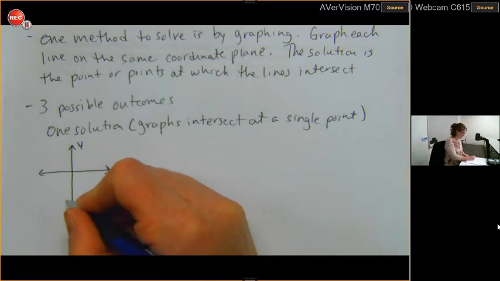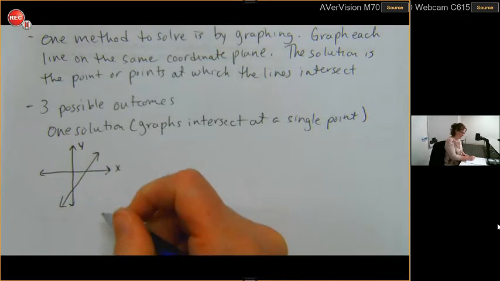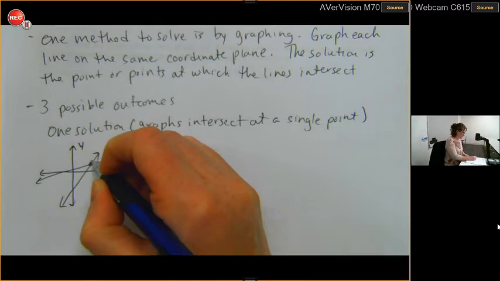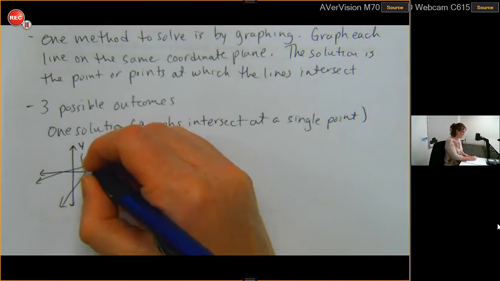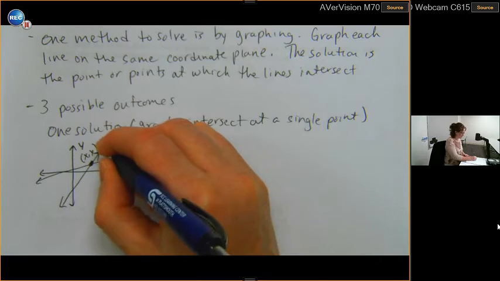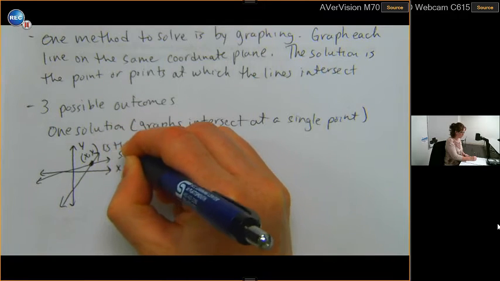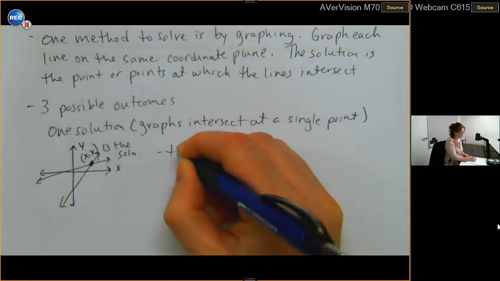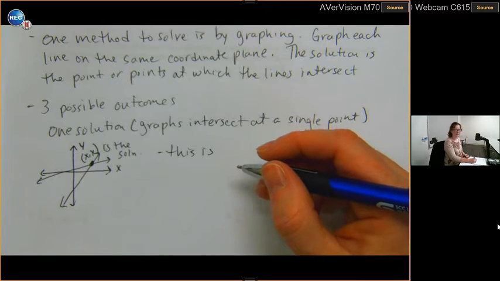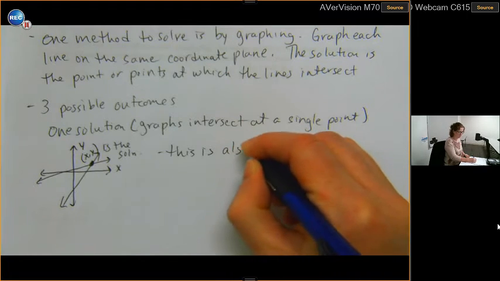You would graph one line, and then you'd graph another line, and you would find the point at which they cross each other, and that is the solution. This is also called a consistent system with independent equations.